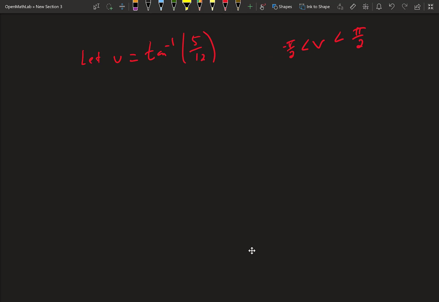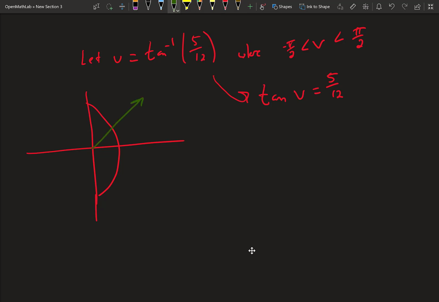And not including those values. Right, so in other words, here's my unit circle. We're going to be stuck in between here, right, for u and v. So tangent, so this would imply that tangent of v is equal to 5/12. So since we're positive, v is going to be somewhere in the first quadrant, right? So this here is angle v.